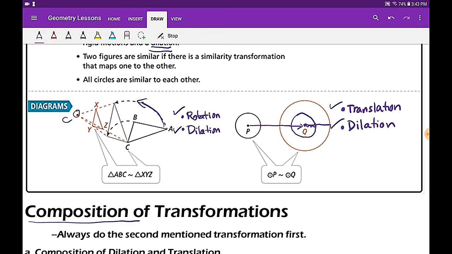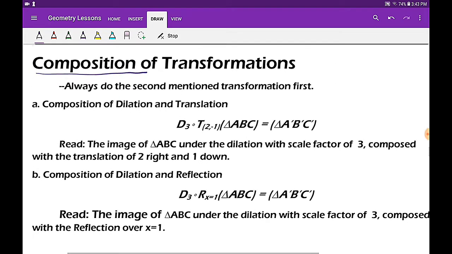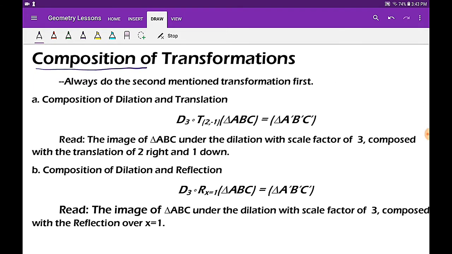So you perform one transformation, producing one partial image, and then you perform another transformation on that image to produce the third image. That's what we mean by composition of transformations.